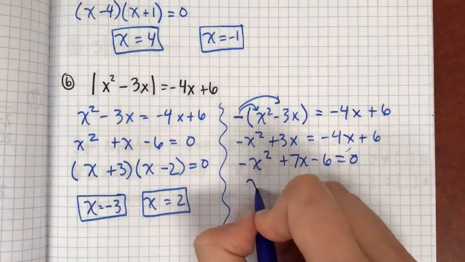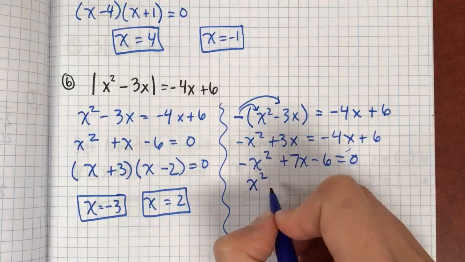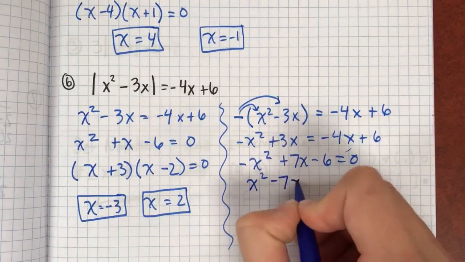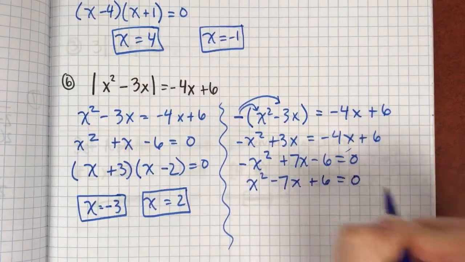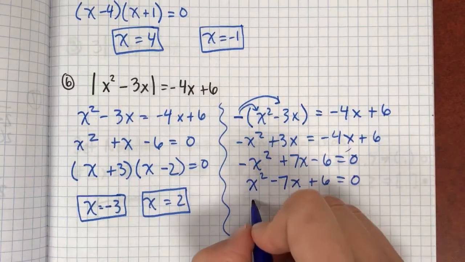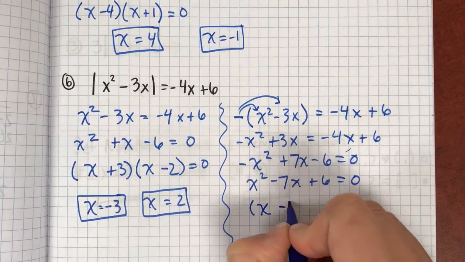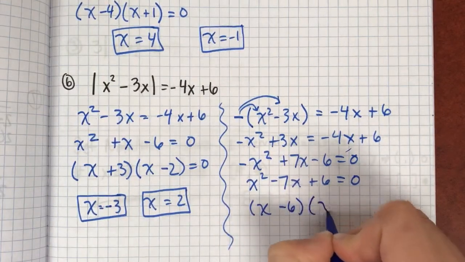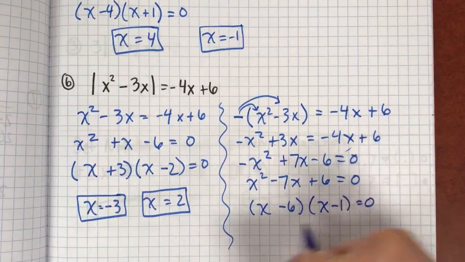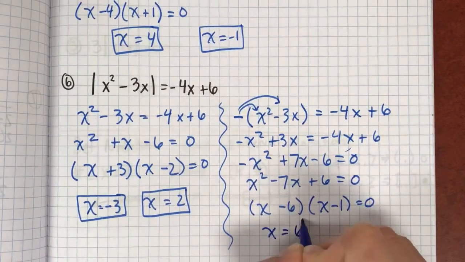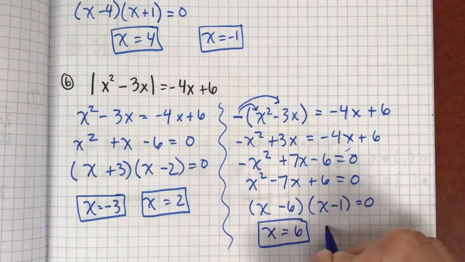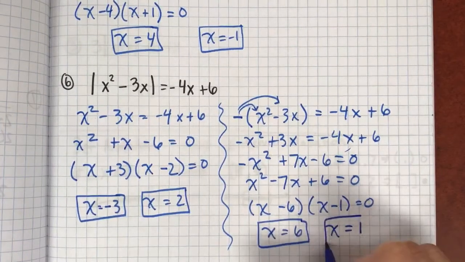We want to get rid of that, so let's just divide everything by a negative 1 and flip all of our signs. Okay, from there we can do some quick factoring. And so we've got x equals 6 and x equals 1.